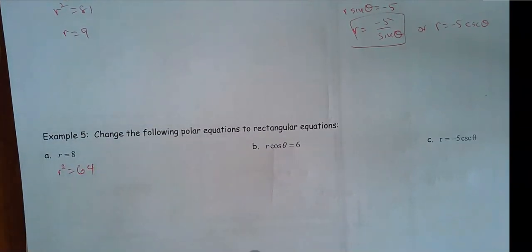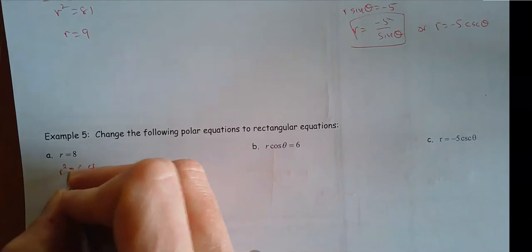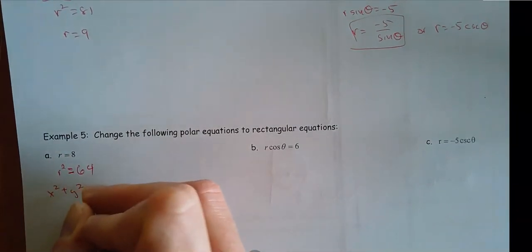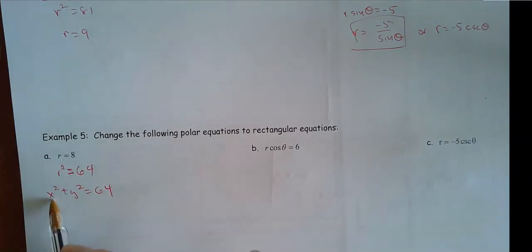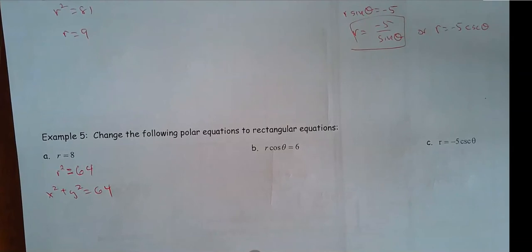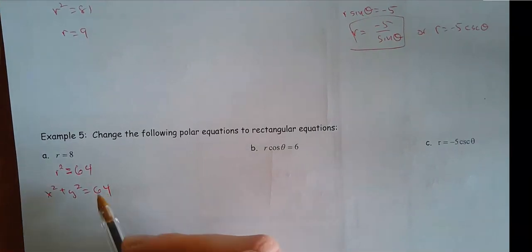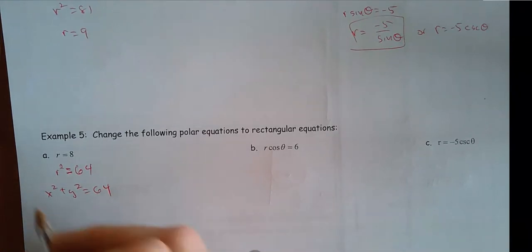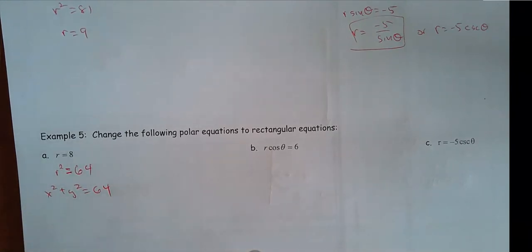So I'm going to square both sides, that way I do have an r squared. And now r squared is x squared plus y squared. Right there is a circle centered at the origin, because I'm not subtracting anything from x or y. And r squared equals 64, which means the radius is 8. So this would be in rectangular form.